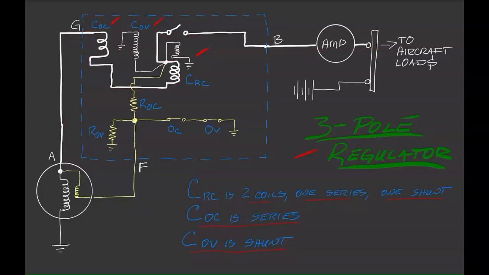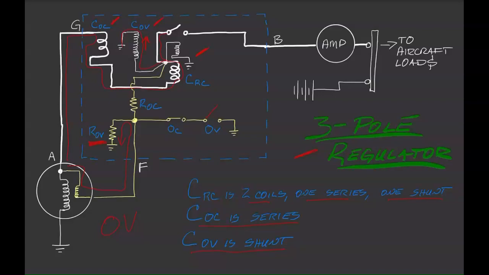If I'm in an over voltage, again, I'm flowing through here. It's going here, but now notice my over voltage coil, my magnetism has increased, and my over voltage switch will open, and now my field has to have this resistance added to it.